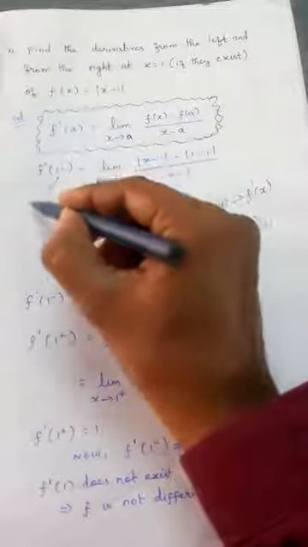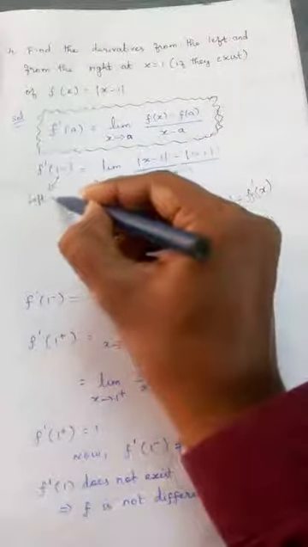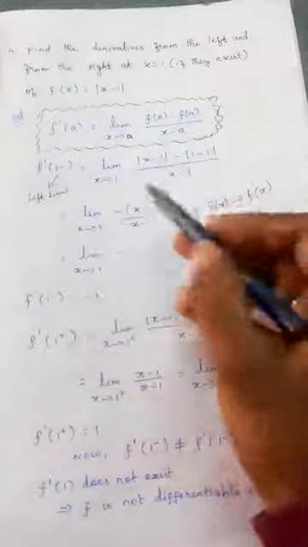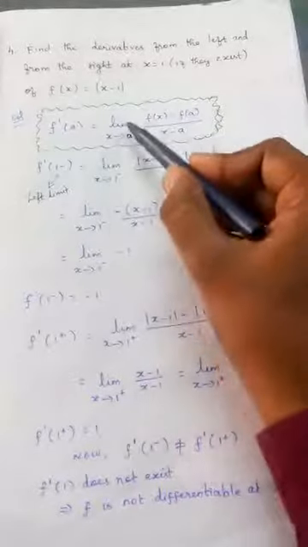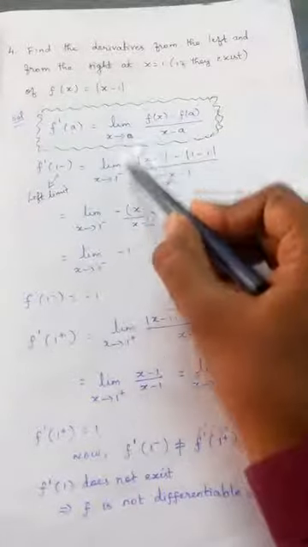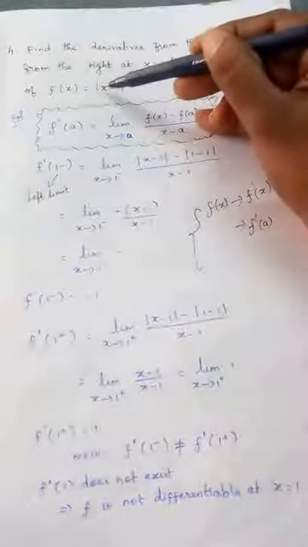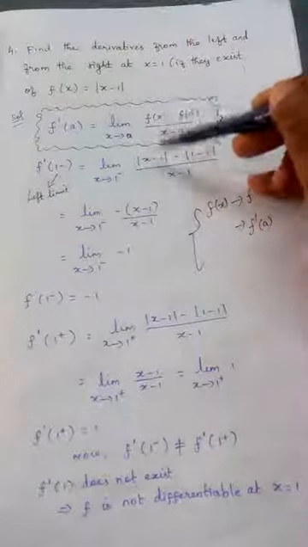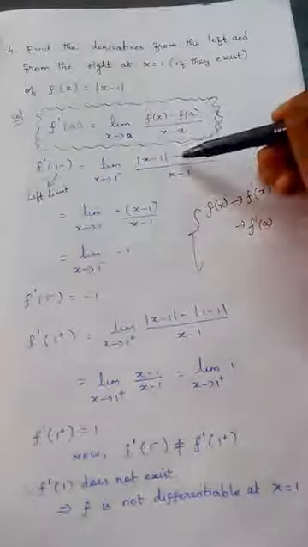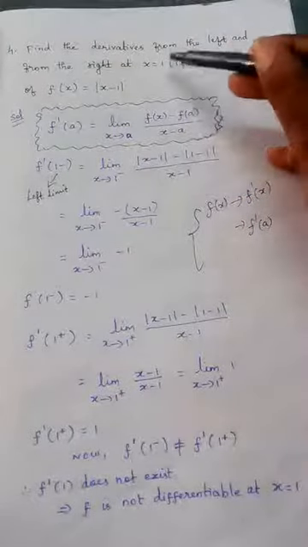Now I am going to apply the formula. Limit x goes to 1 minus, what is f of x? Modulus of x minus 1. So in place of f of x, you substitute this, minus f of a, where a is 1.